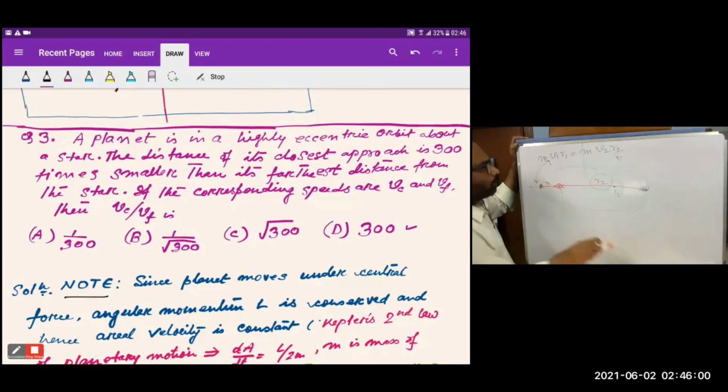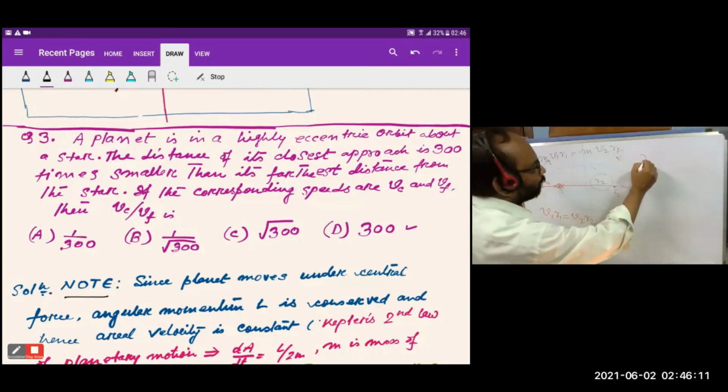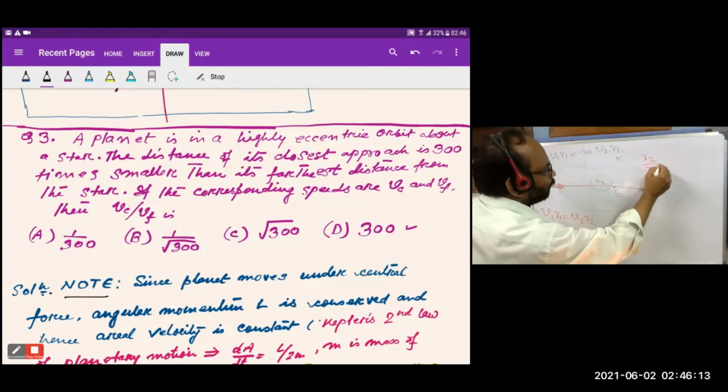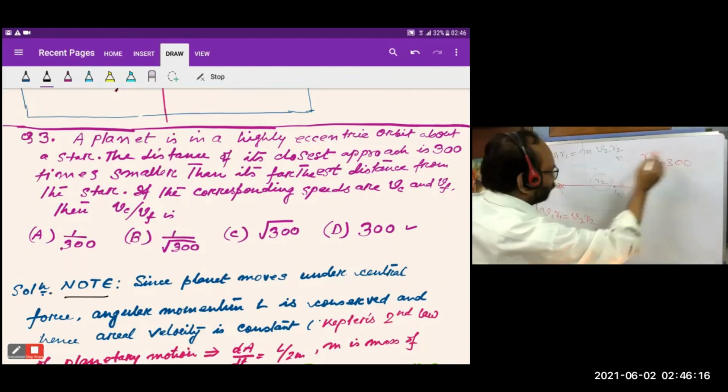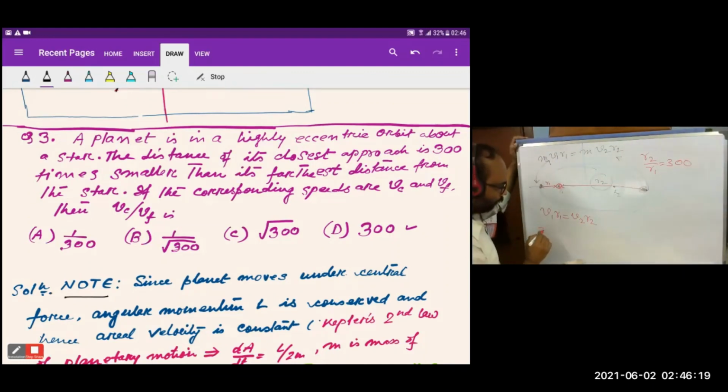So we have v1 r1 equal to v2 r2. We are given r2 by r1 equal to 300. Therefore, v1 by v2 is equal to r2 by r1, which is 300.